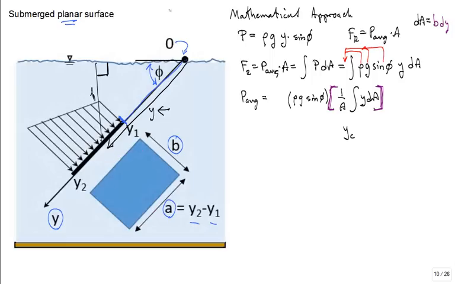So basically, we get our basic equation that the average pressure is rho g sine phi y centroid. It's just what we talked about, but I'm showing it more mathematically. The average pressure is the pressure at the centroid of that submerged planar surface. Multiply that by the area, and you get the resultant force.